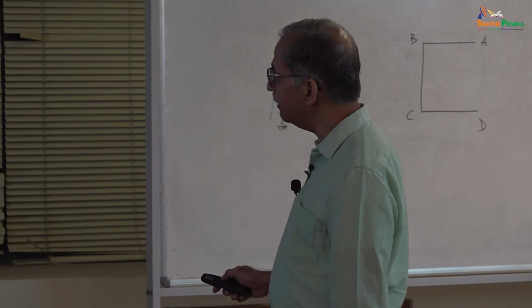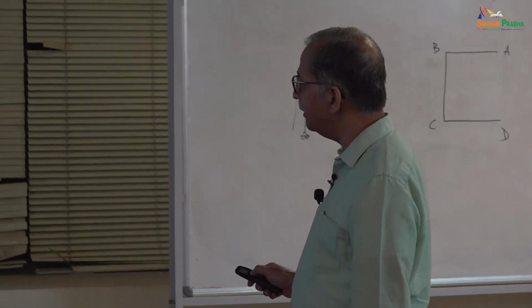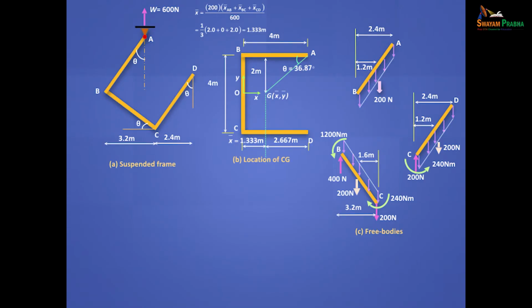And then if you take the third free body, here you know the reaction at A, but we'll work it backward. Whatever you got here at B, you have to put reverse here. So this 400 Newton, you have to put reverse. This was up, so this will be down. This was anti-clockwise 1200, this is clockwise 1200. Now you do a check.